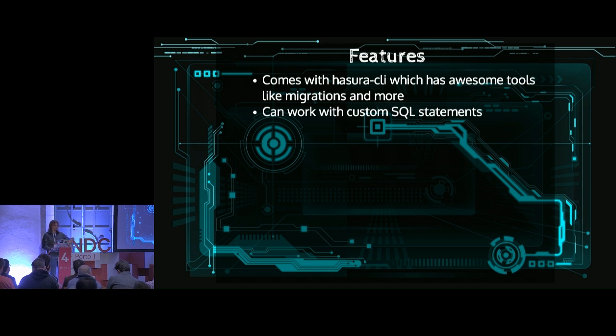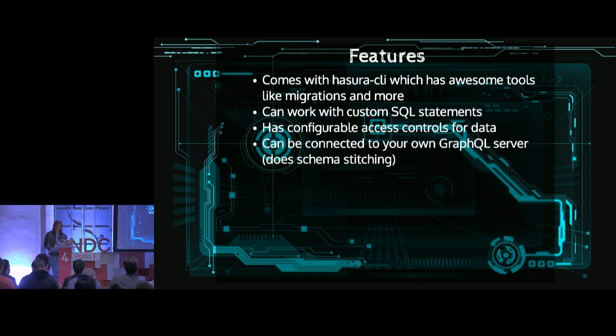Basically, the engine will automatically generate a query or mutation for you. You can configure your access control for data really granularly. You can say, I want this user with this role to be able to update only this column in this specific table if certain conditions are met. So you can go really deep into the granularity of permissions.